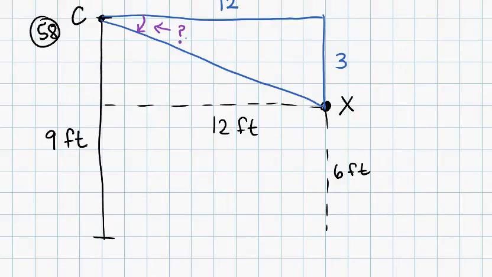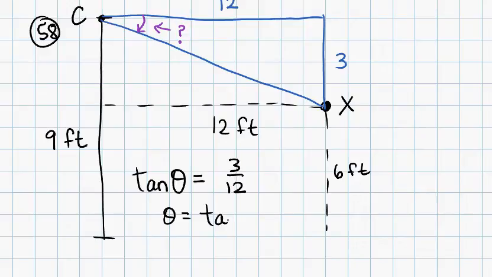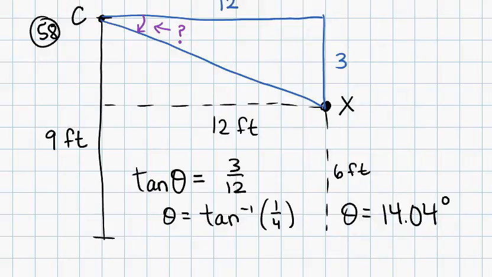So again, this is tangent. So the tangent of our unknown angle equals 3 over 12. Take the inverse tangent of 3/12, or 1/4. And you should get that the angle is 14.04 degrees.